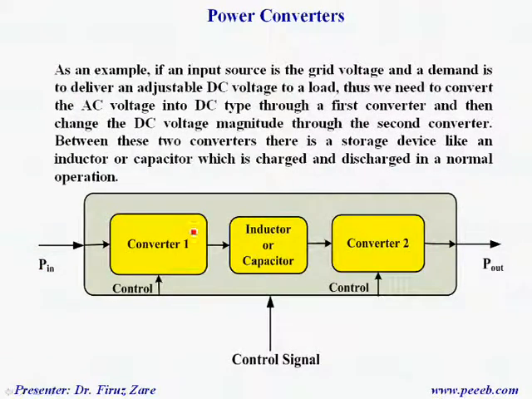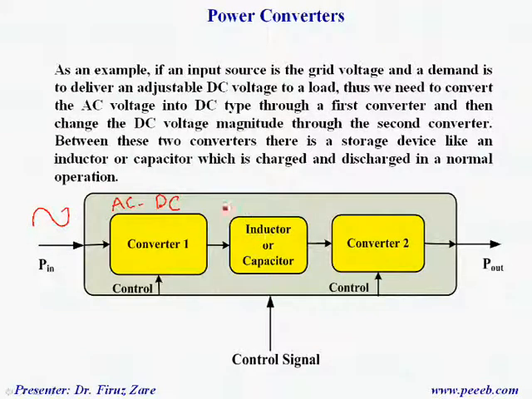As an example, if the input source is the grid voltage and the demand is to deliver an adjustable DC voltage to a load, we need to convert the AC voltage into DC through a first converter. So the first converter should be an AC-DC converter, and the reason is that the input voltage is grid voltage.